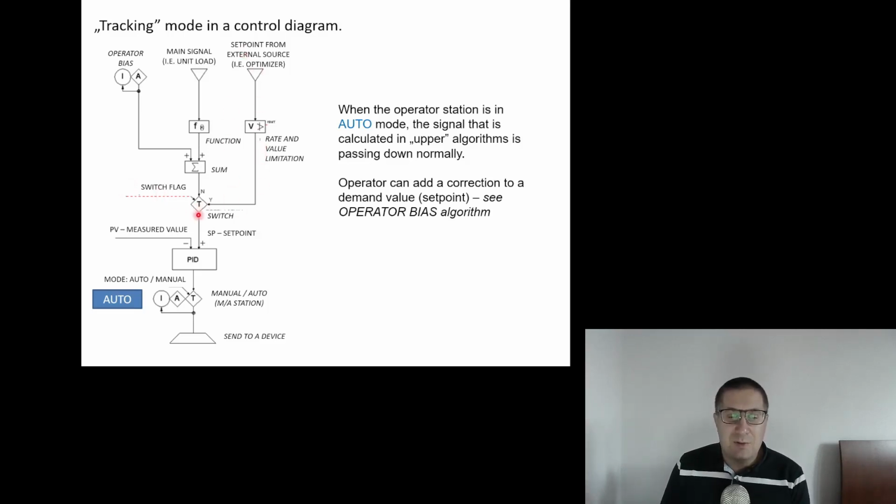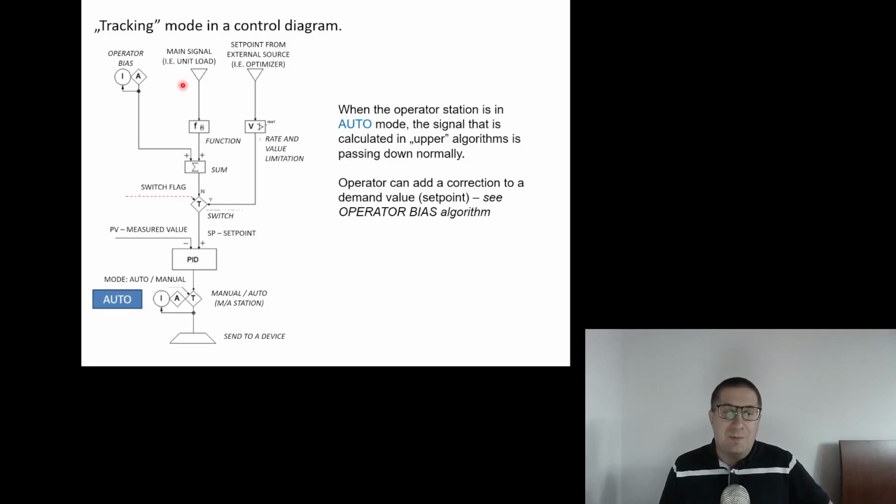The AI algorithm will define what the set point is. However, if the operator presses the off button, then the AI algorithm should observe and track the decisions of the control system. So the set point will be calculated in, let's say, the normal way.